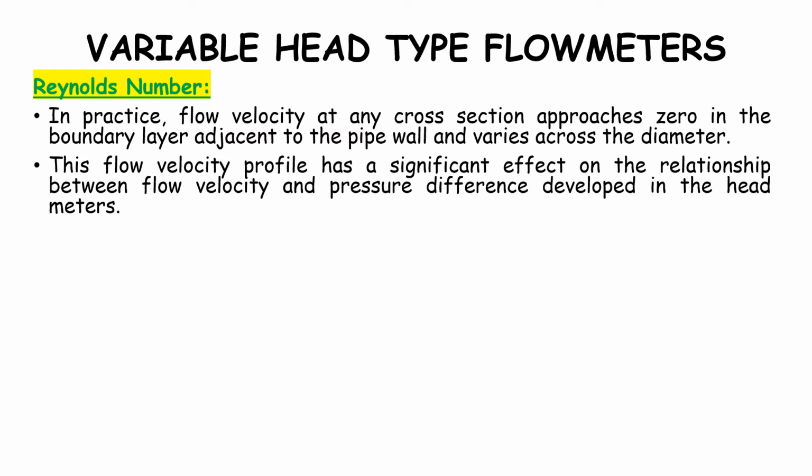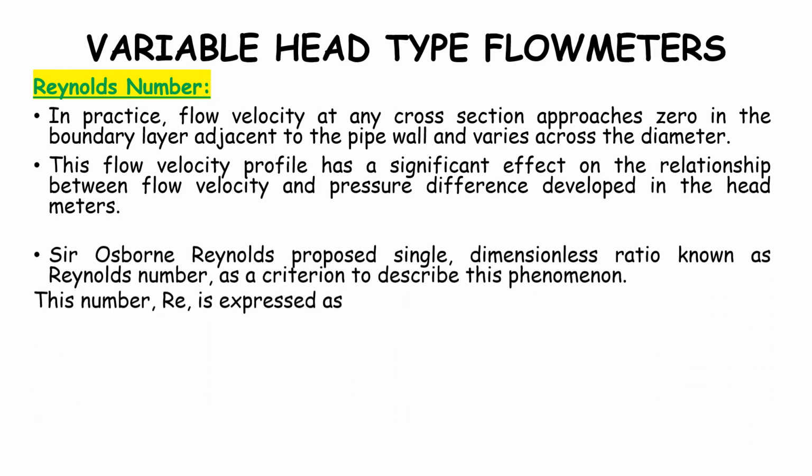The next is the Reynolds number. In practice, the velocity at any cross section approaches zero in the boundary layer adjacent to the pipe wall and varies across the diameter. This flow velocity profile has a significant effect on the relationship between flow velocity and pressure difference developed in the head meters.